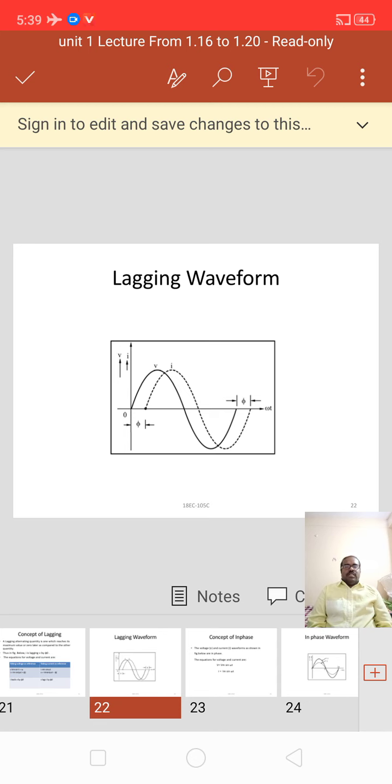This waveform also corresponds to the lagging waveform concept, that is, V leads I by a value of pi, that is, I lags V by pi value only. Leading and lagging concepts are directly related to each other. First, the V value leads the I value by pi, and the I value lags the V value by pi only. Simple concepts.